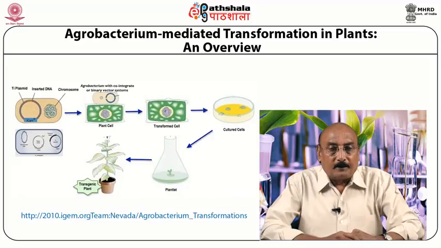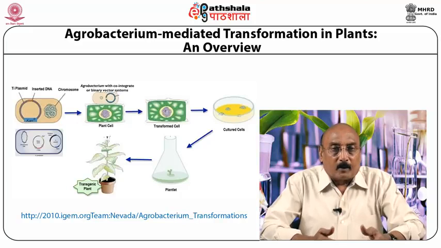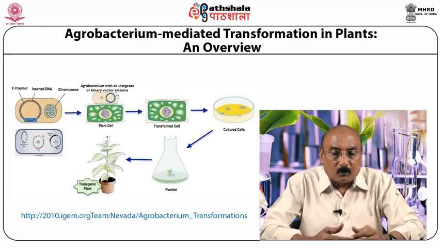This slide gives a pictorial outlook of Agrobacterium-mediated transformation in plants. It gives an overview of how the gene is transferred from bacterium to plant, and how the plants are developed. Here, the first step is that the culture of the agrobacterial cell containing either a co-integration vector or a binary vector is mixed with callus cells of plants, plant calli, and allowed to grow together, which is called co-cultivation.